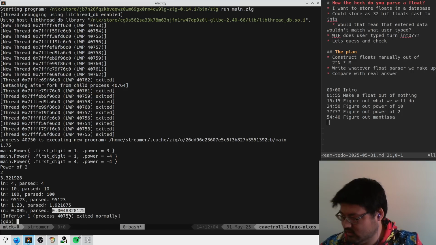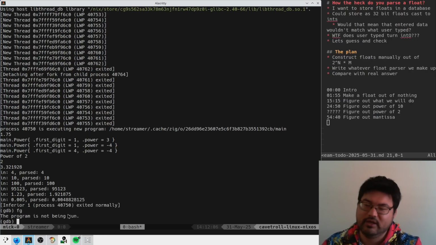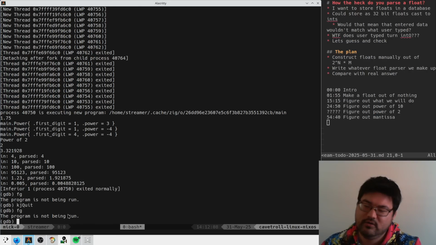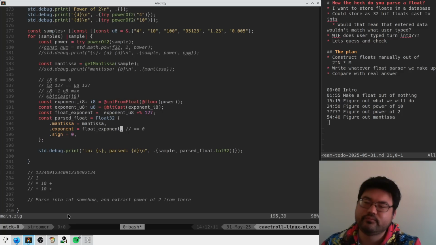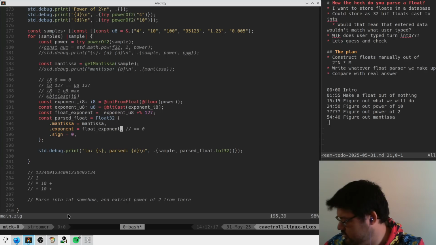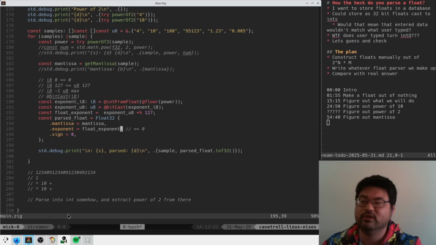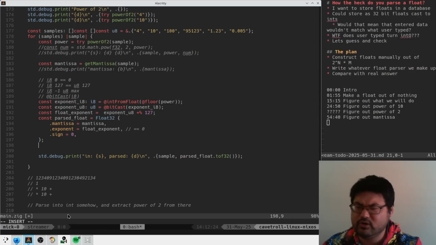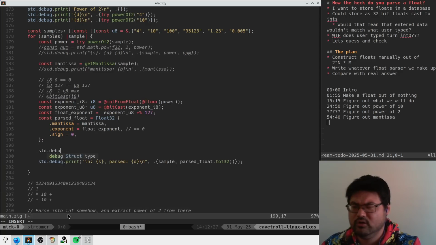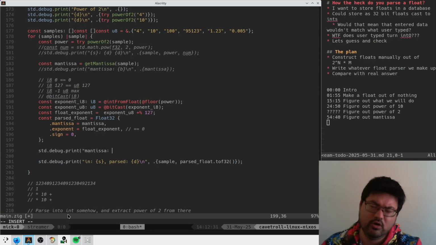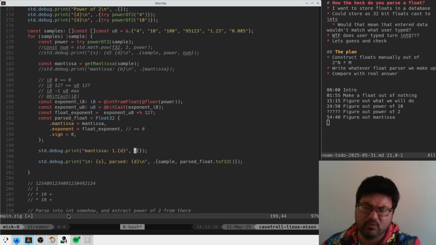Okay. So we need to basically, I guess, can we log this as the number we got? Probably, right? So we can probably print out the mantissa as decimal. So we can show this is like 1 point a number in decimal, and I think that does what we want.